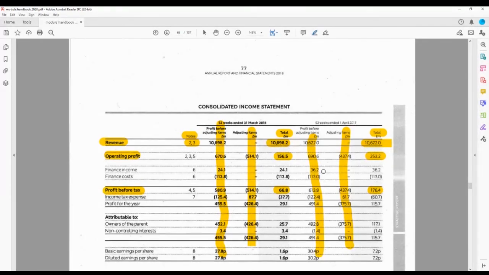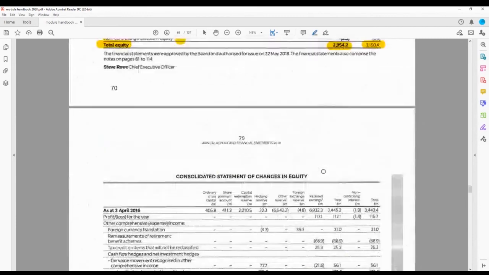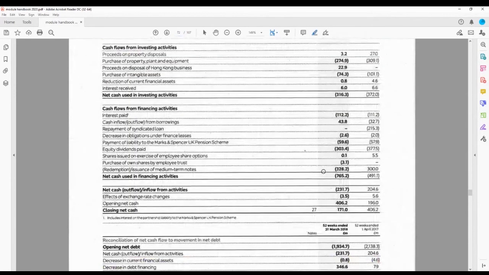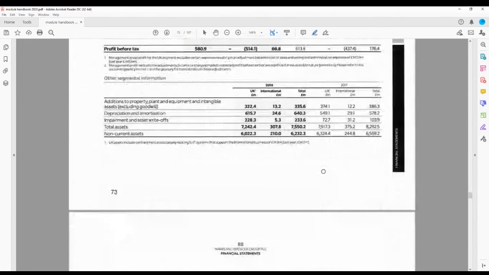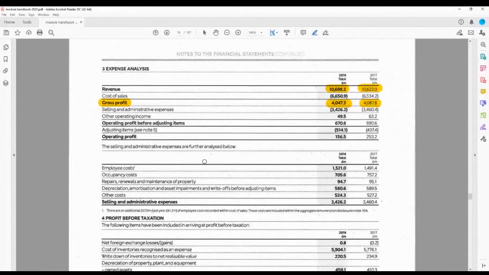So the main reason was a decrease in operating profit, and that is possible when operating expenses increase. So maybe you need to go into note 2, 3, and 5. If you go to note 2, 3, and 5, we can actually understand a bit more about the drop. And we can see that the operating expenses have increased, and other operating income.